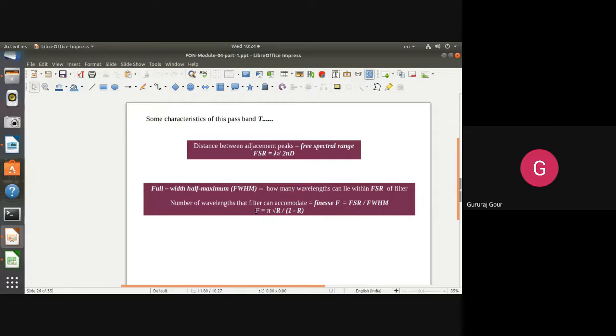The number of wavelengths that the filter can accommodate is known as the finesse factor F, given by FSR by FWHM. You can see that this finesse factor F, indicating the effective number of wavelengths of this band pass filter, is just a function of the reflectivity parameter.